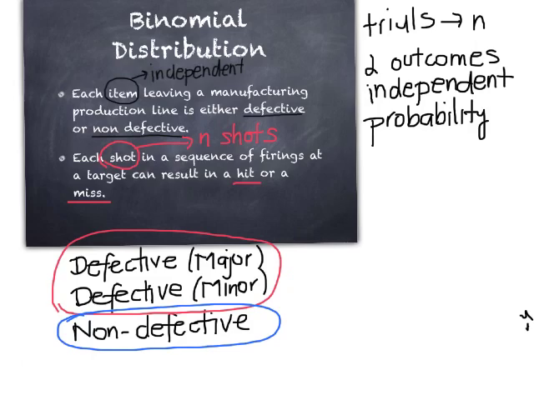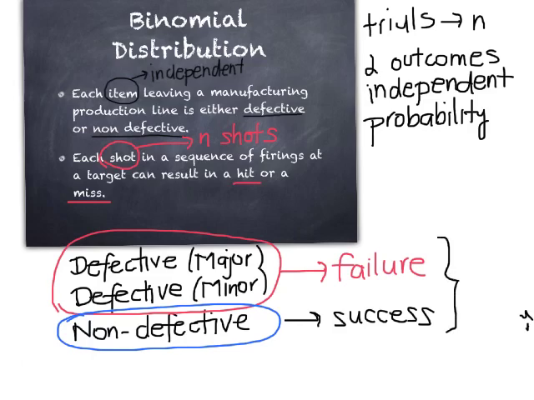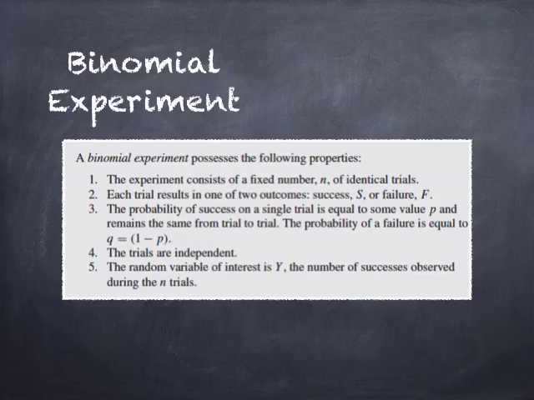So you could have this as the success with some probability and this other as the failure with some probability. Of course, these two probabilities should add to 1 because you're talking about just two possible outcomes.